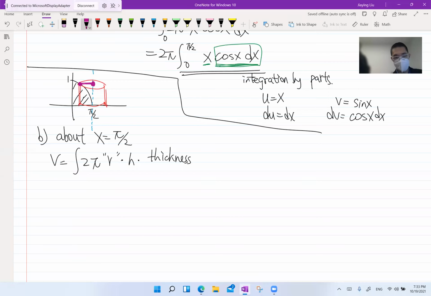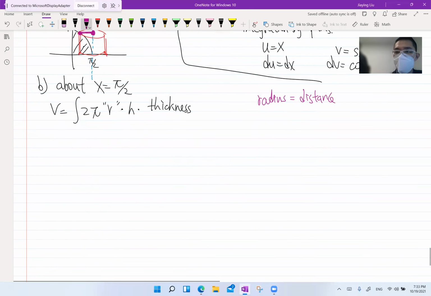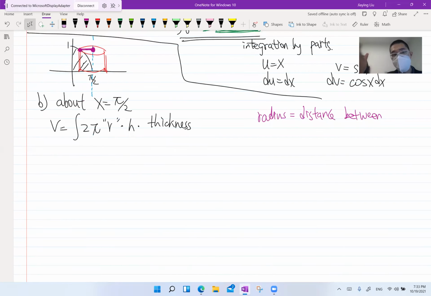How do we figure out the expression for that? I'm going to write on the side. So the radius of the cylindrical shell is the distance between the most right x value, which is pi over 2. So between x equals pi over 2 and the x on the curve.